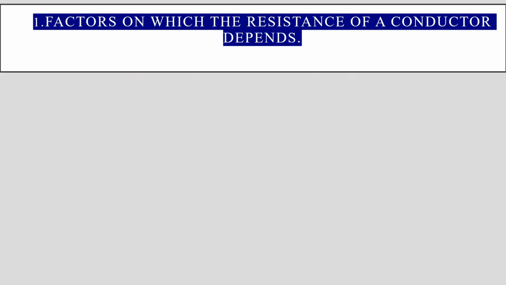So the factors on which resistance of a conductor depends. First of all, we should keep in mind that we are considering the dependence of resistance at constant temperature, because the temperature change will impact the change of the resistance.